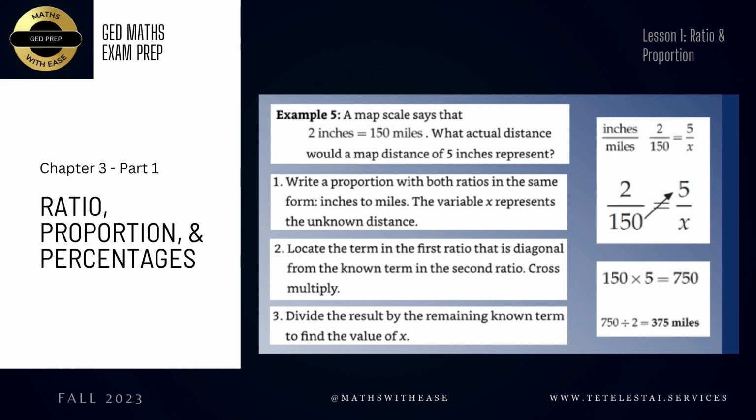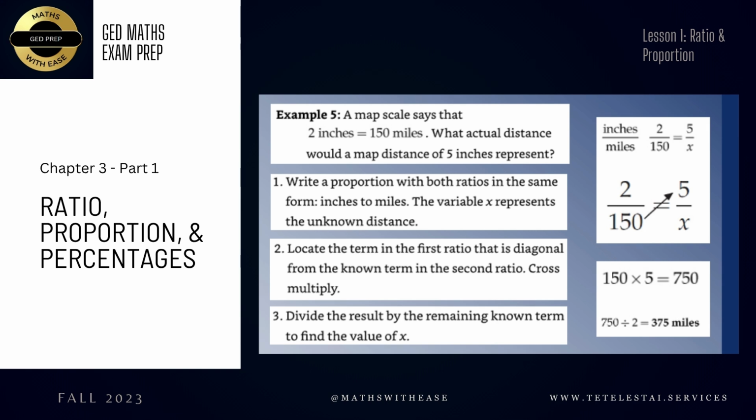So let's say 100 was next to X, you would divide the right side by 100 and the left side by 100. If 1 million was next to X, you would just divide the right side by 1 million, the left side by 1 million, okay? So whatever number is next to X is what you want to divide both sides by, right? And dividing the right side where X is by whatever number is next to it helps you isolate X, right?